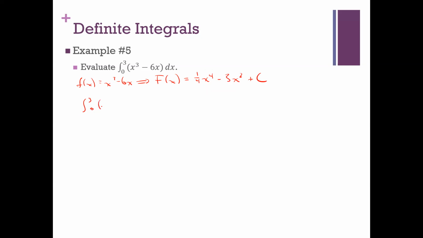The integral from 0 to 3 of x cubed minus 6x dx is equal to this function, 1/4 x to the fourth minus 3x squared, evaluated from 0 to 3. 3 to the fourth is 81, minus 3 times 9, minus 0 minus 0. So 81/4 minus 27.